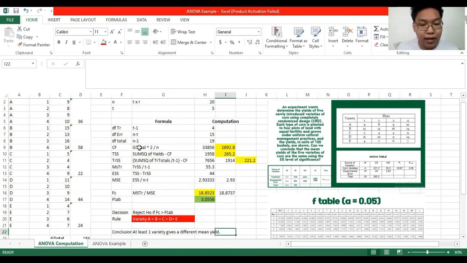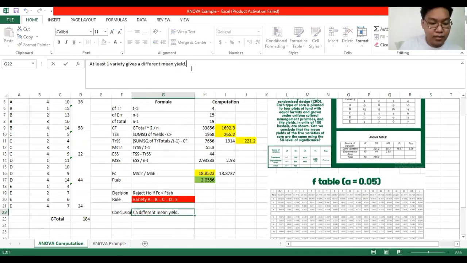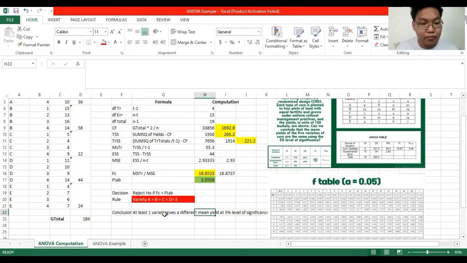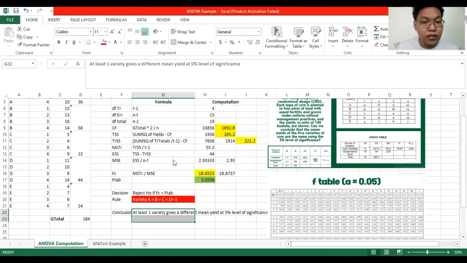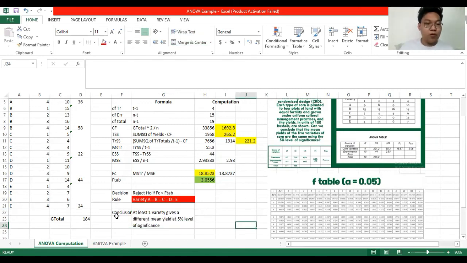So a very good thing to add here is at 5% level of significance. Yeah, we can add that. So this is our conclusion.